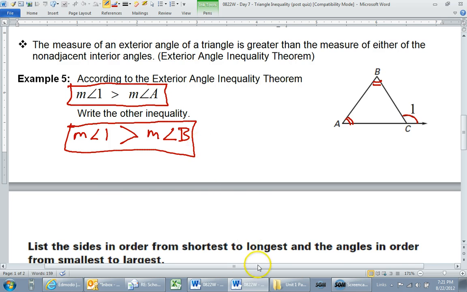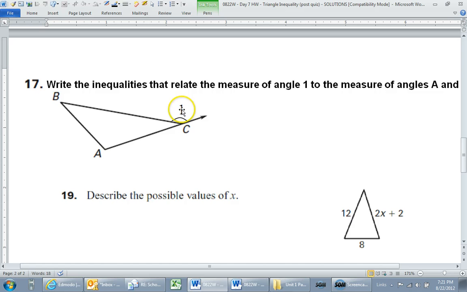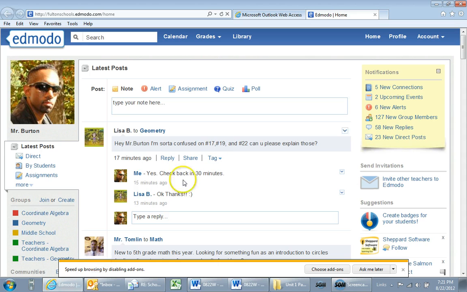As you can see, this is right from the lesson, and number 17 is the exact same thing. So, hopefully you understand number 17. Let's see, what's the other one that you asked for? Okay, 19 and 22.